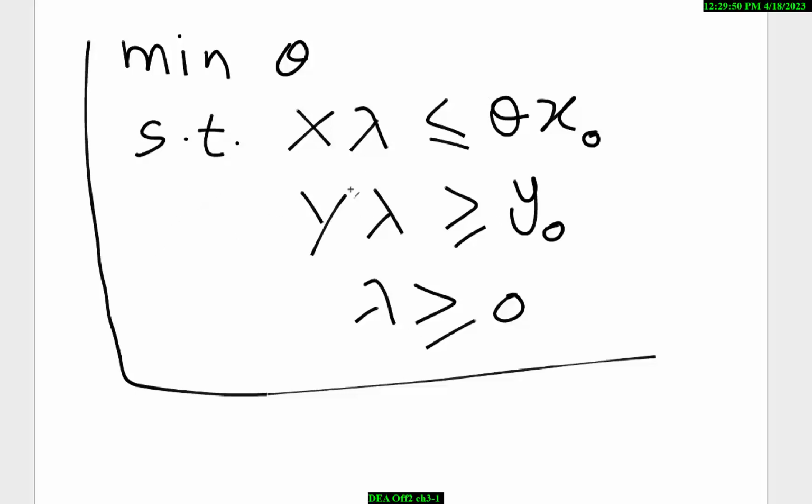Now we show this is the dual of the CCR model, which we explained in the previous section.